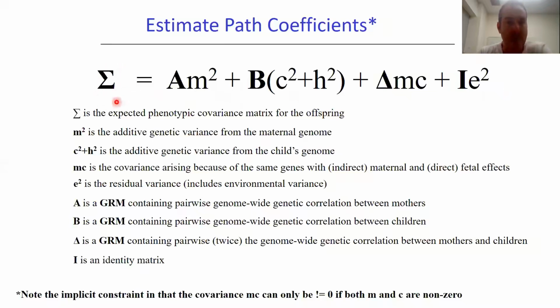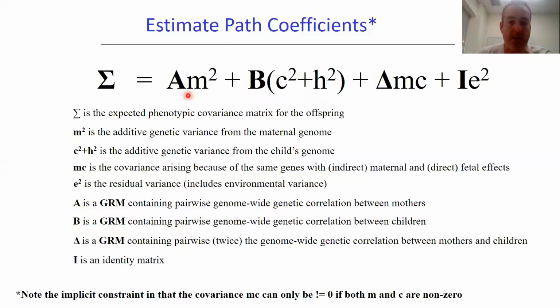So this equation is saying that the expected phenotypic covariance matrix can be decomposed into a maternal bit, a bit due to the child's genome, a bit due to the covariance between the two, and a bit due to the residual environment.